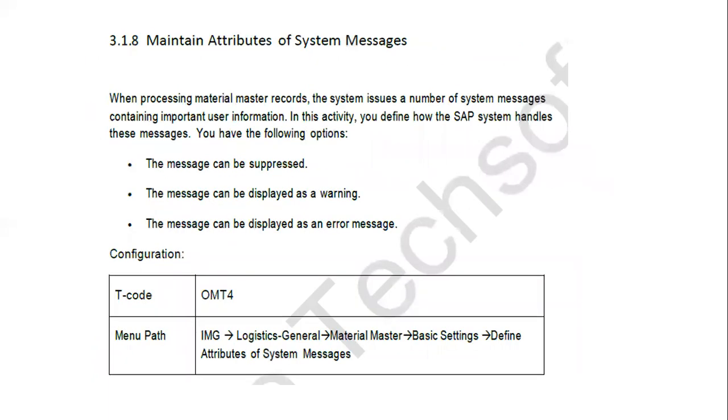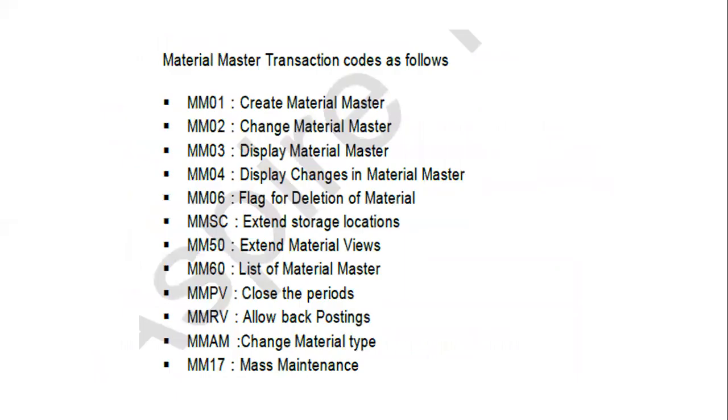After this, the number ranges will be there. A number range is created in a material master record. Every material is recognized by its own number, and this number is unique and known as the material number.